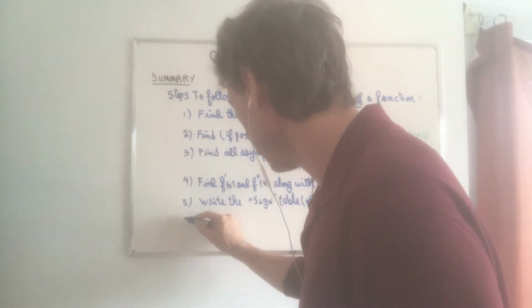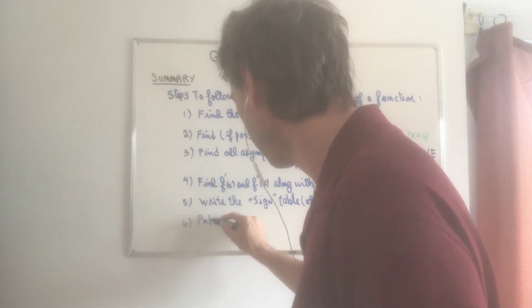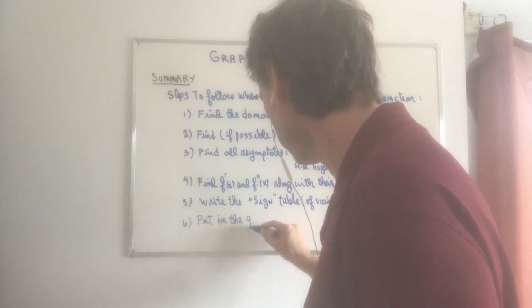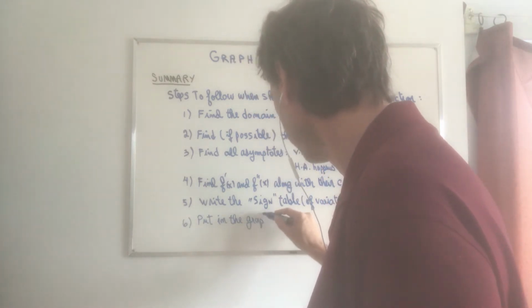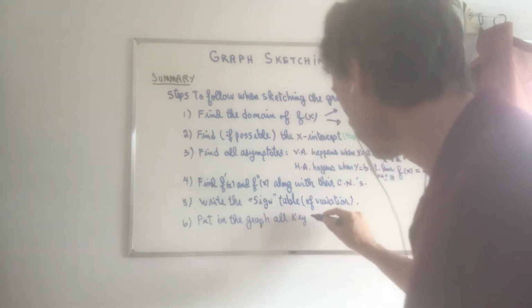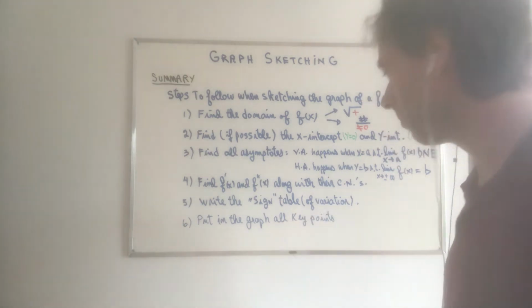And finally, when you have all this, put in the graph all key points. What do I mean by all key points?